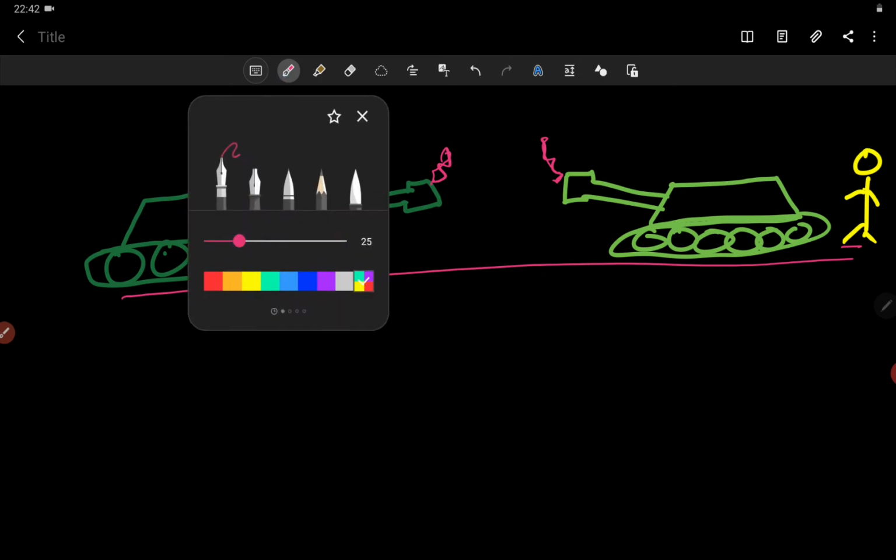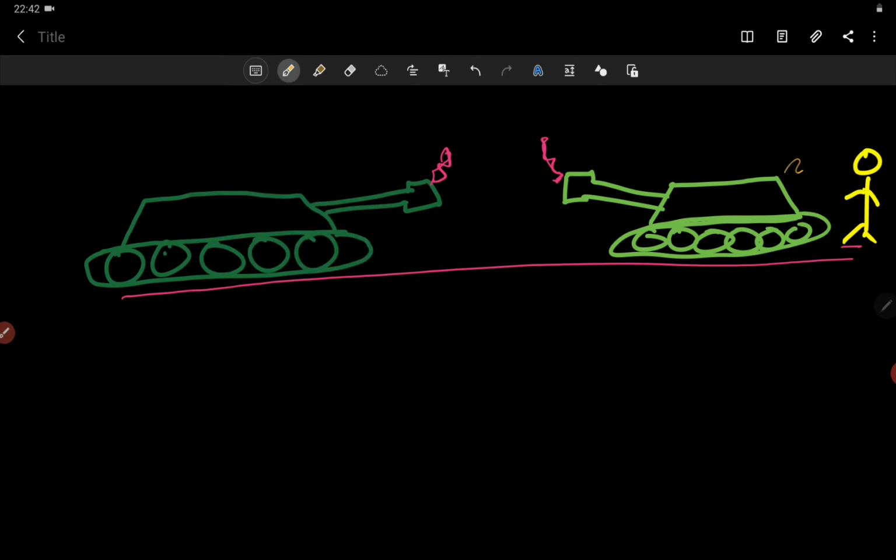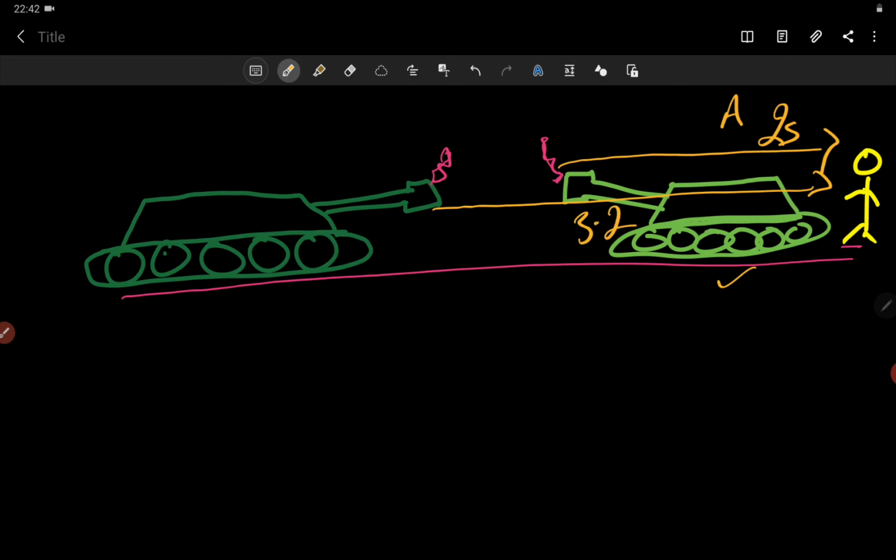Since the observer is closer to this tank, let us consider it tank A, he hears this sound faster, in 2 seconds. And he hears the sound from the other tank after 3.5 seconds.